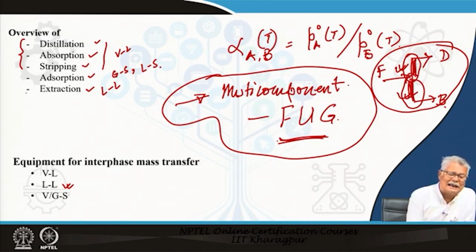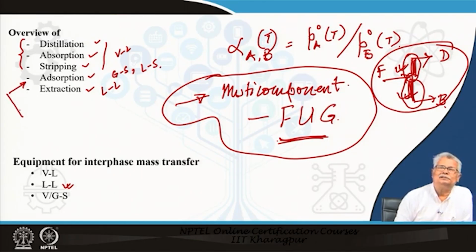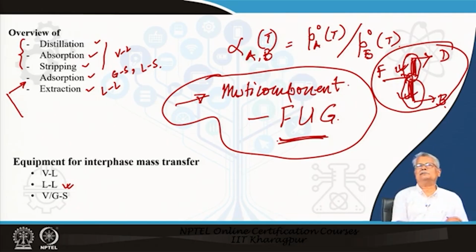Now, we talk about adsorption. The simplest adsorption example is whenever you have moisture to be removed from air, you pass it either through a bed of silica gel or through a bed of activated alumina. The moisture in the air gets transferred to the solid surface.